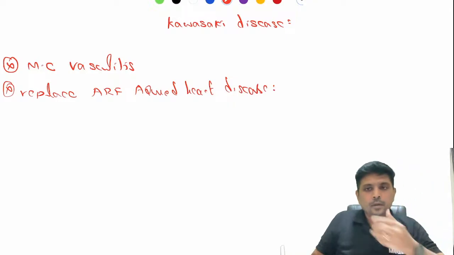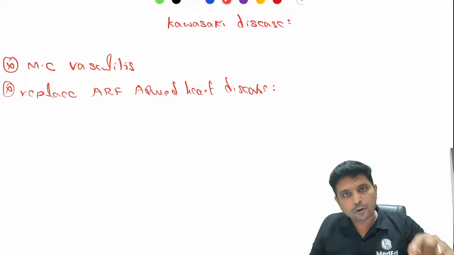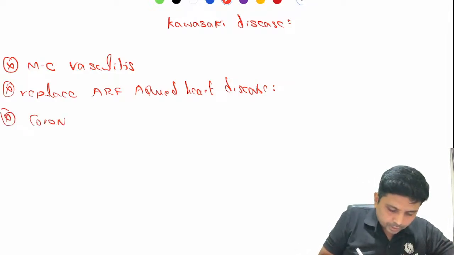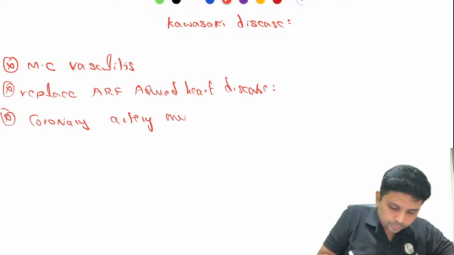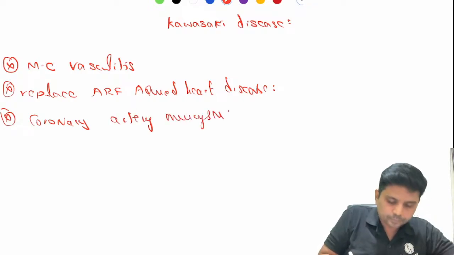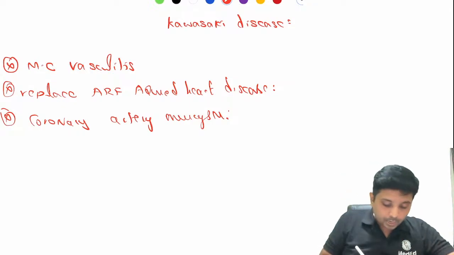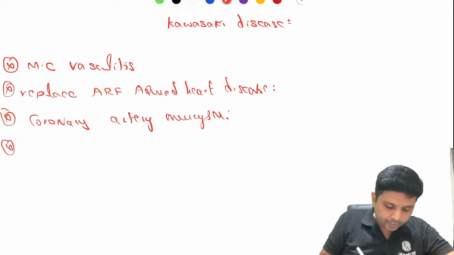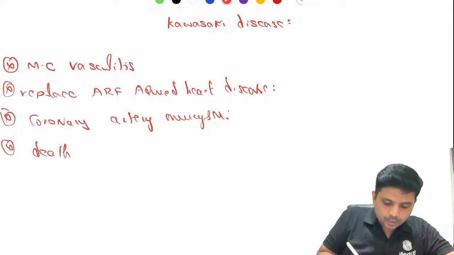Second, when you don't treat Kawasaki, what will happen? It will invariably lead to coronary artery aneurysm, and this undiagnosed coronary artery aneurysm can lead to death or myocardial infarction in young children.